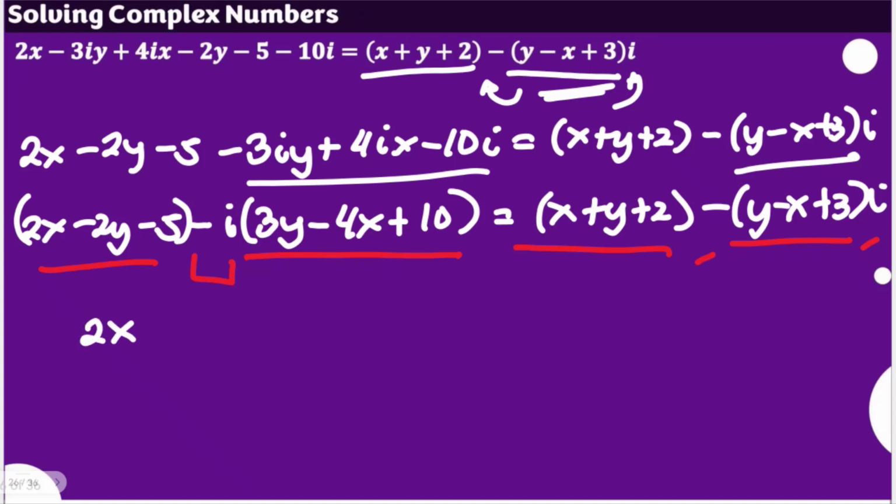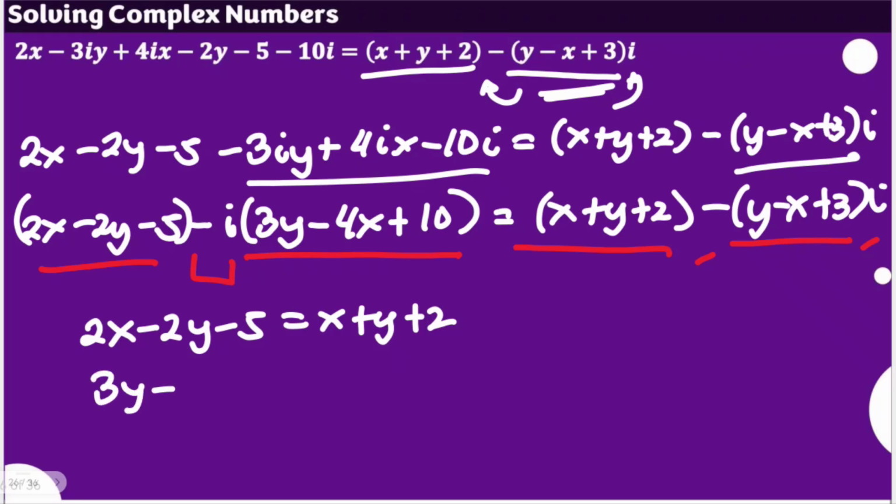For the real part, you have 2x minus 2y minus 5 must be equal to x plus y plus 2, because they are both the real parts. They are the coefficients of the real parts for both sides. As for the imaginary parts, you have 3y minus 4x plus 10 is equal to y minus x plus 3. We don't need to use i's because i's are already here.